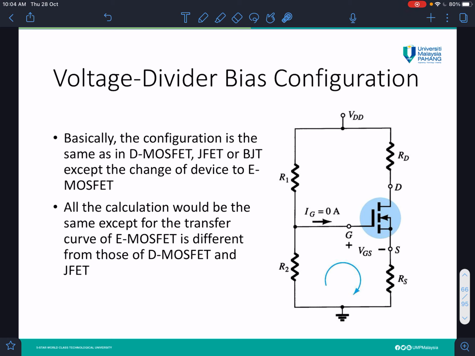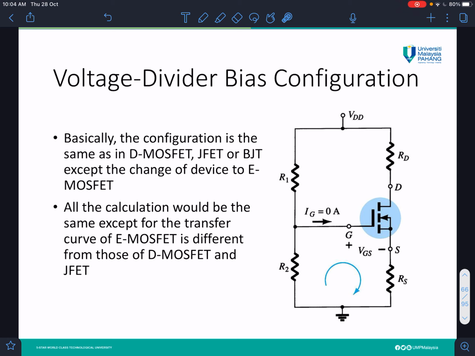In E-MOSFET DC biasing, again you will find the voltage divider bias configuration. Remember that the E-MOSFET is used together with the feedback biasing configuration and also the voltage divider configuration.